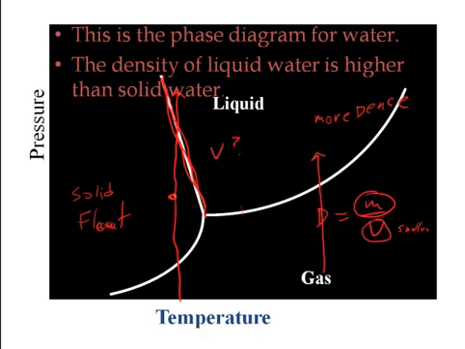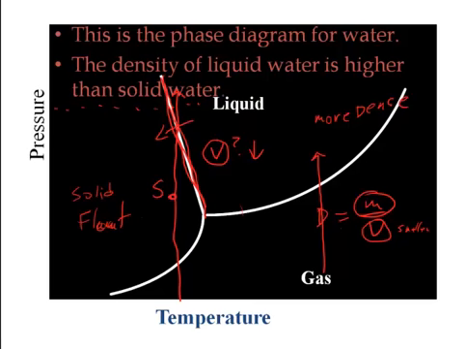The molecules are going to get squished together more, so the volume's going to go down, right? So now I've got a liquid that has a smaller volume per mass than the solid does. And so that makes its density greater than the solid, and therefore the solid will float. Kind of weird, kind of interesting.